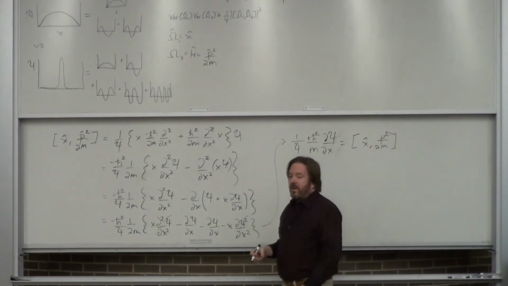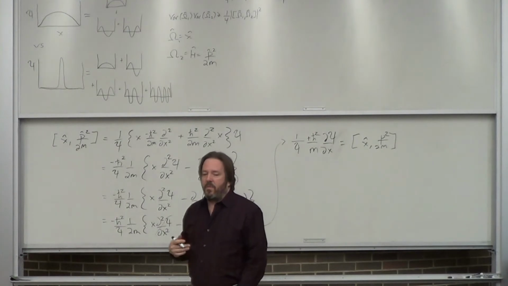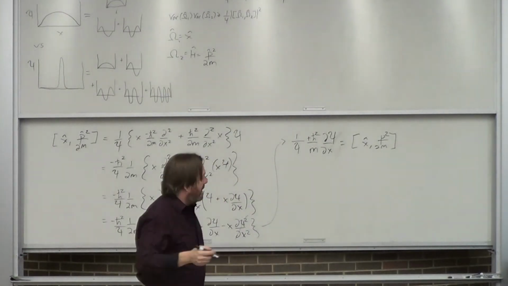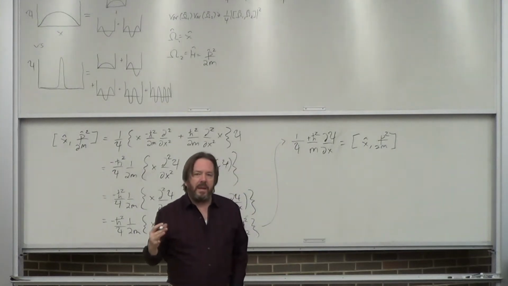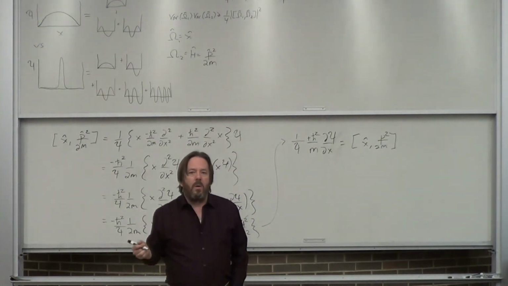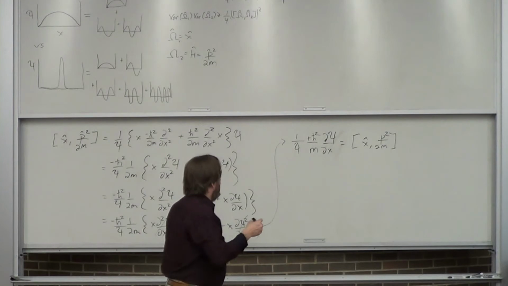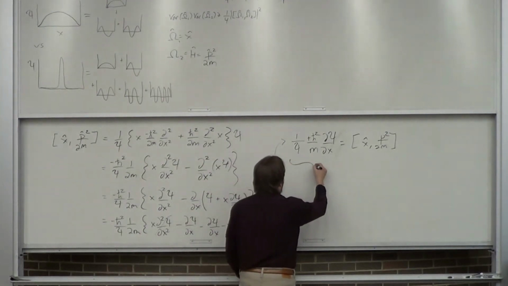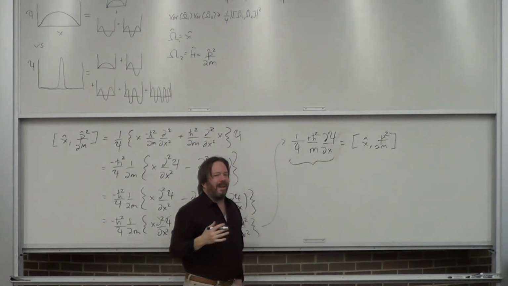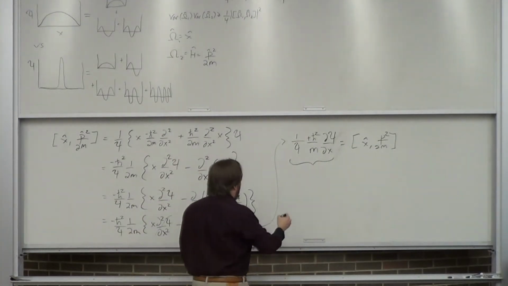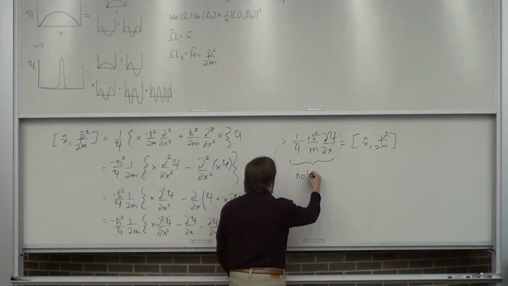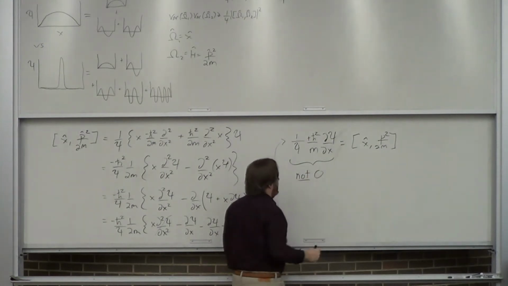Okay, now this is a good lesson in how this stuff works, and I have to admit, this bothers me. The name of the game in the uncertainty principle is it 0 or is it not? Well, I don't like the fact that I've got a function and a derivative of a function, but all that matters is not 0.